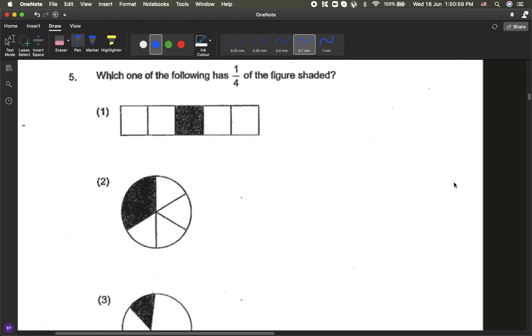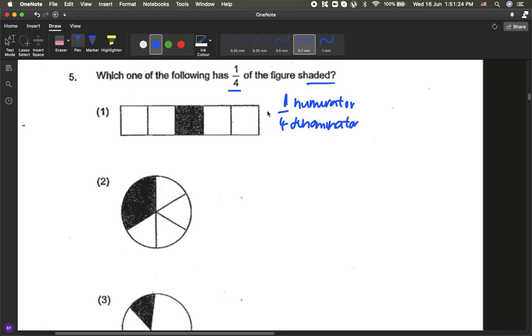Okay, which one of the following has 1/4 of the figure shaded? Now, number 1 is the numerator, and number 4 is the denominator.